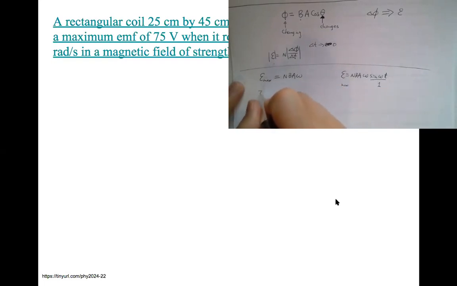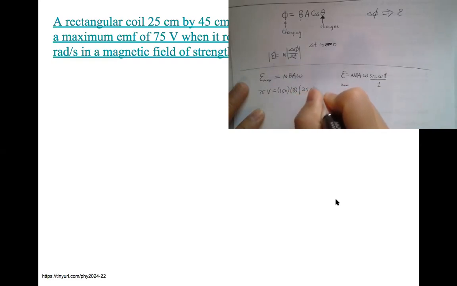So we are given 75 equals N, which is 150 turns, multiplied by the B we're looking for, times the area, which we can calculate as 25 multiplied by 45 times 10 to the minus 4, becoming meter squared, and multiplied by 190 radians per second.